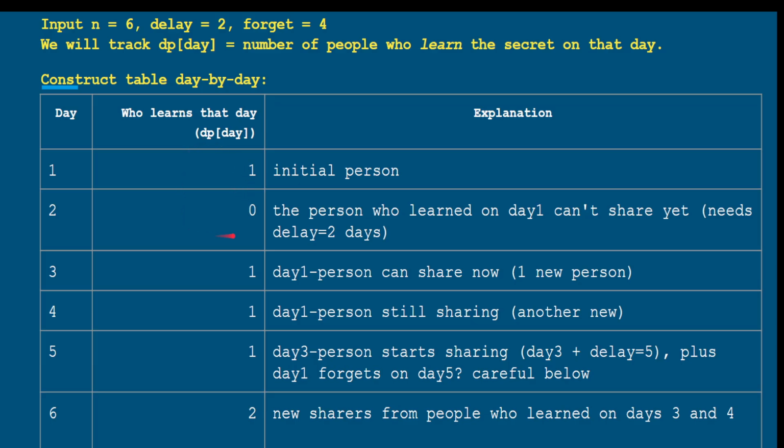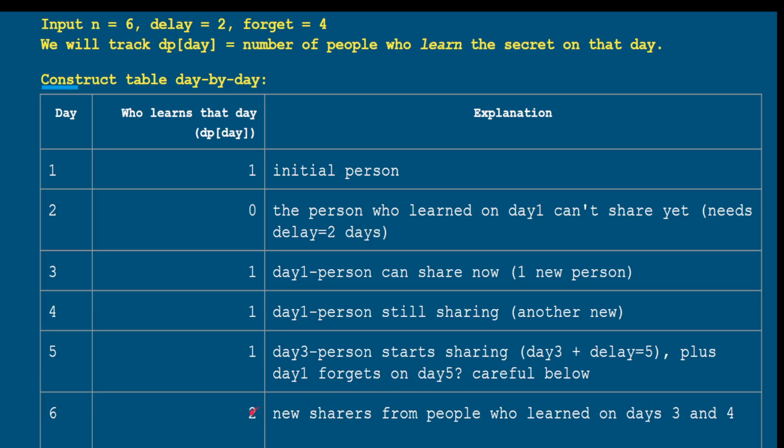So let's move to day 2, where the person who learned on day 1 can't share it yet, they need a delay of 2 days. On day 1, one person learns, and on day 2 the person is still not sharing. Now at day 3 the person starts sharing: day 3 plus delay, and forgets on day 5.